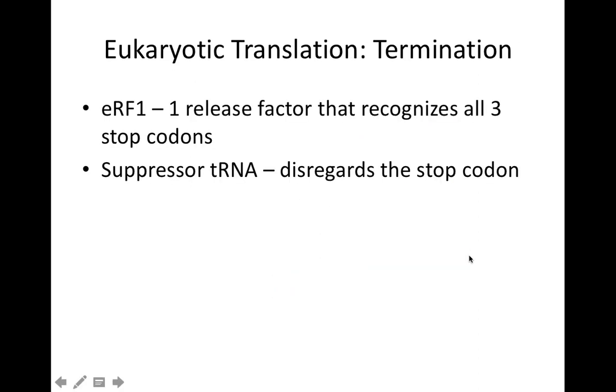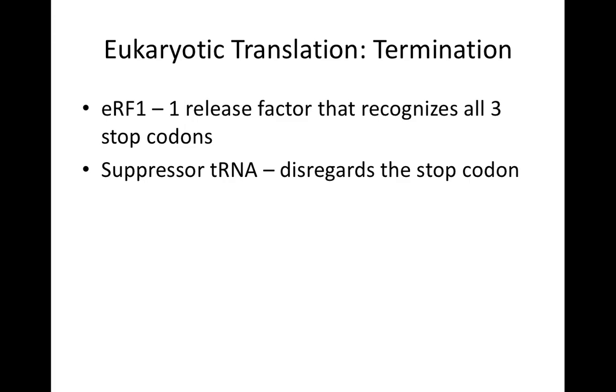Okay. So let's now go into termination of eukaryotic translation. In eukaryotes, we have the eukaryotic release factor 1, which recognizes all 3 stop codons. Unlike in prokaryotes, you have RF1, which recognizes UAA and UGA, whereas RF2 recognizes UGA and UAG, I think, if I'm not mistaken.